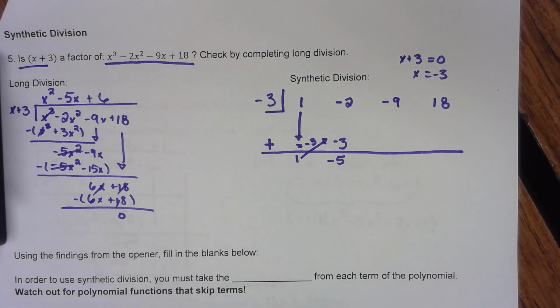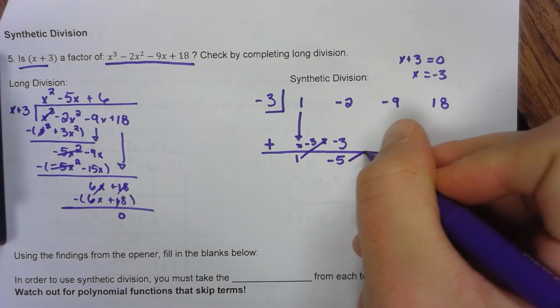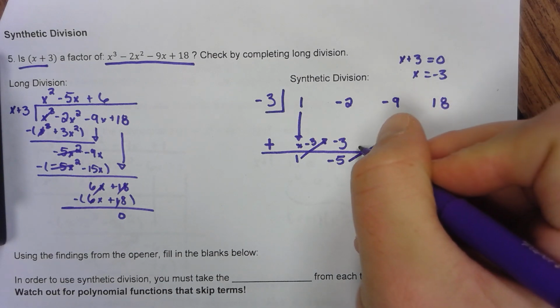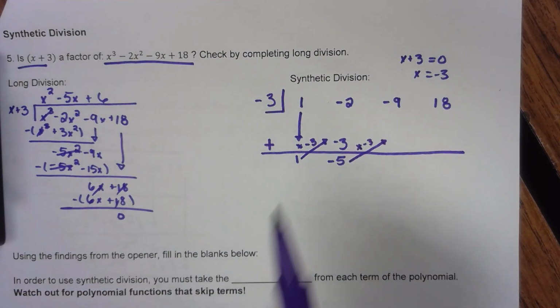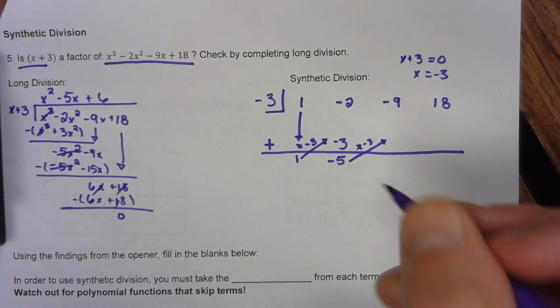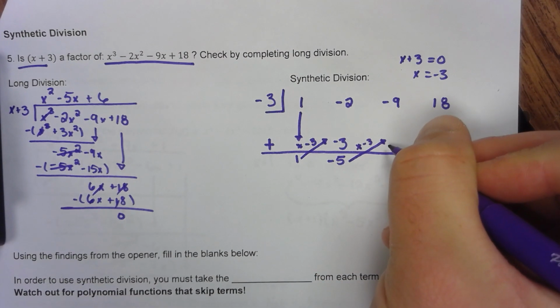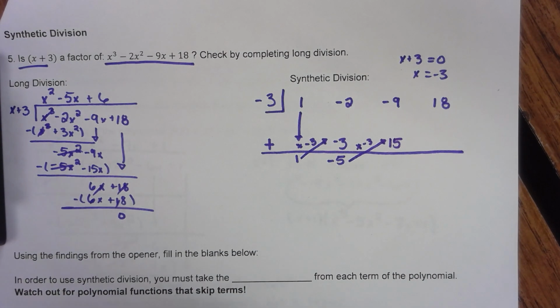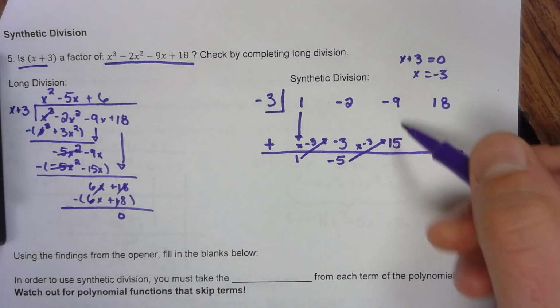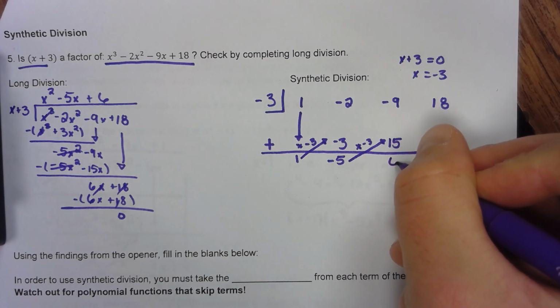Then we do the exact same thing. We take this number underneath our addition bar and we multiply it by -3. -5 times -3 is 15. And then we add -9 plus 15 is 6.